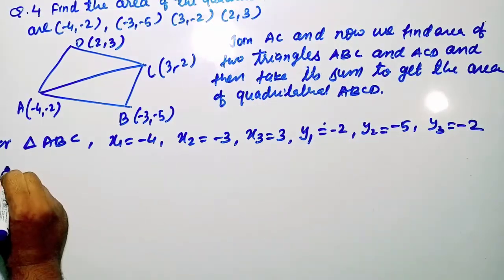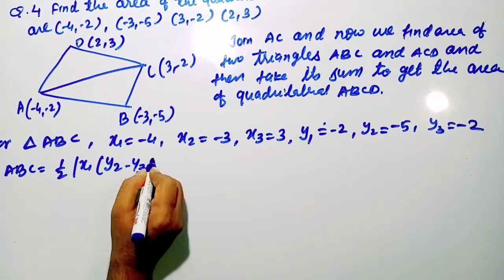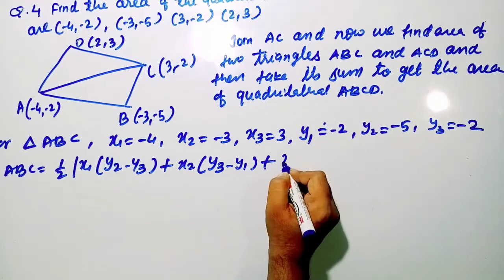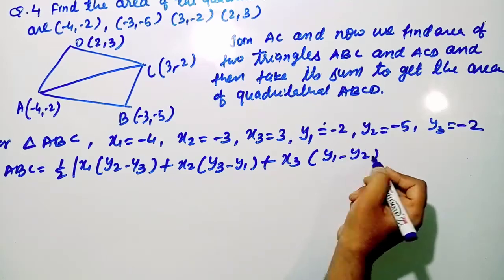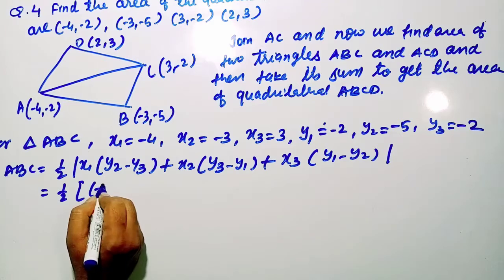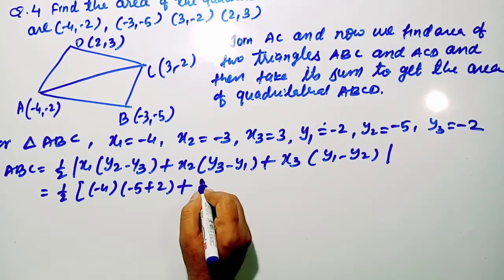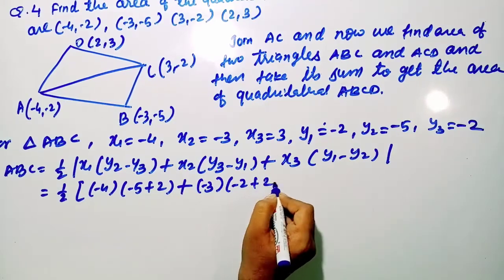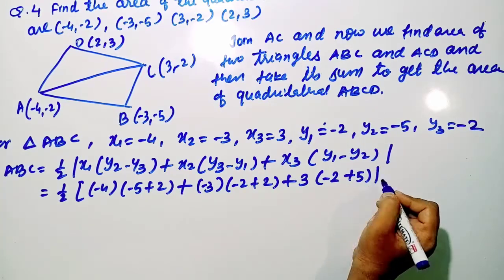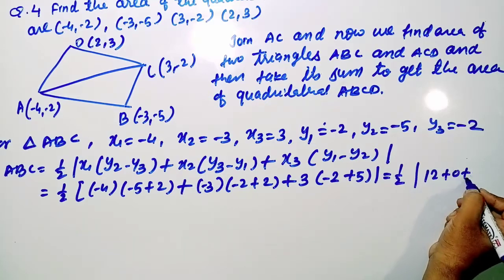Applying the formula to find the area of a triangle, 1 by 2 [x1 (y2 minus y3) plus x2 (y3 minus y1) plus x3 (y1 minus y2)]. Just substitute the values of x1, x2, x3 and y1, y2, y3, and then go for the simplification.